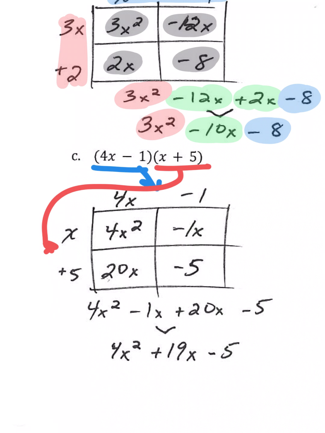Now we just use this like a multiplication chart, this table method. 4x squared comes from doing 4x times x. 4x times 5 gives us 20. Negative 1 times x is negative 1x, and that gives us two separate terms which get combined to make a positive 19x. And negative 1 times 5 is negative 5.